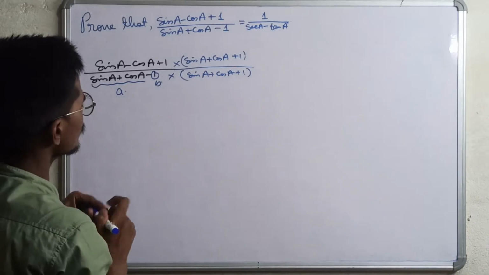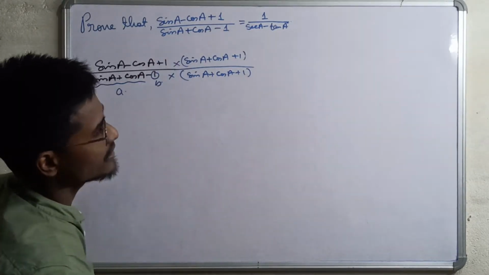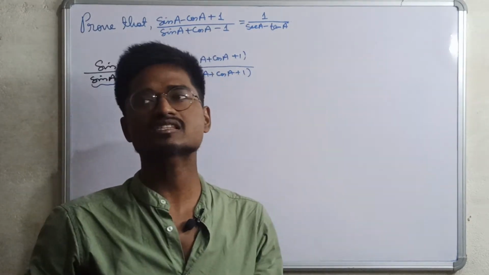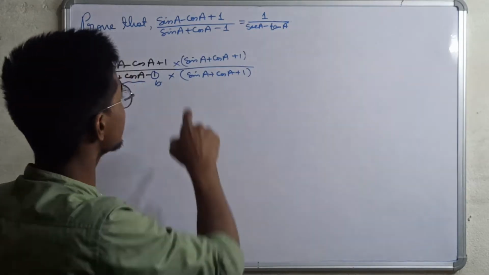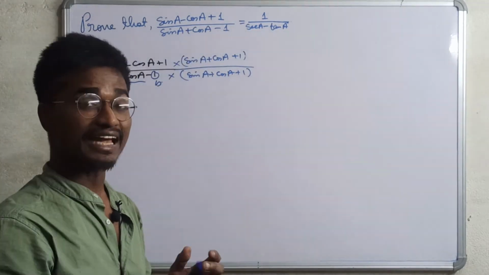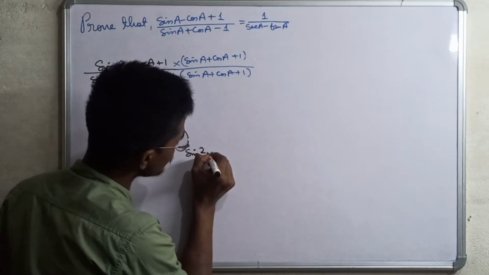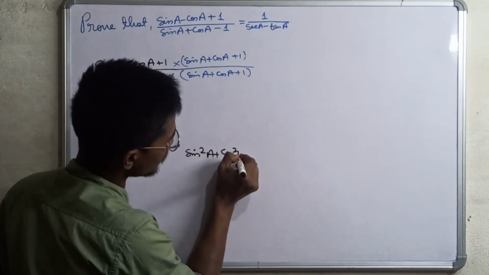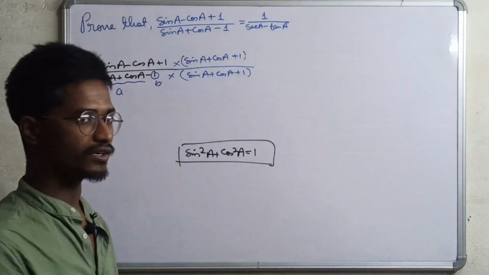You may ask me, sir, why are you rationalizing it? I will tell you: because sine and cos are together, and if somehow we create sine square a plus cos square a, we will get 1. The idea is that we need to reduce the trigonometric terms.